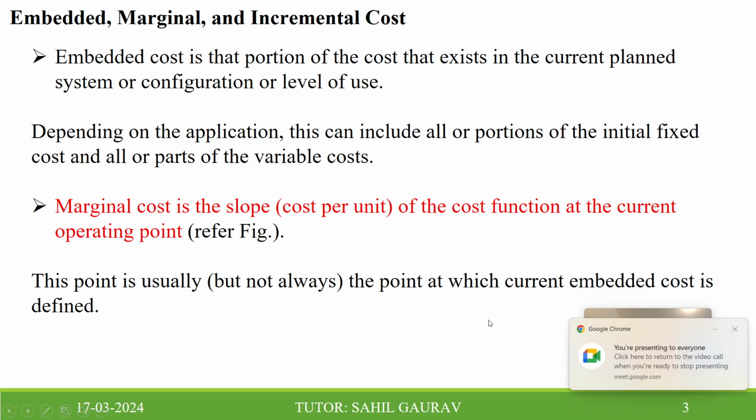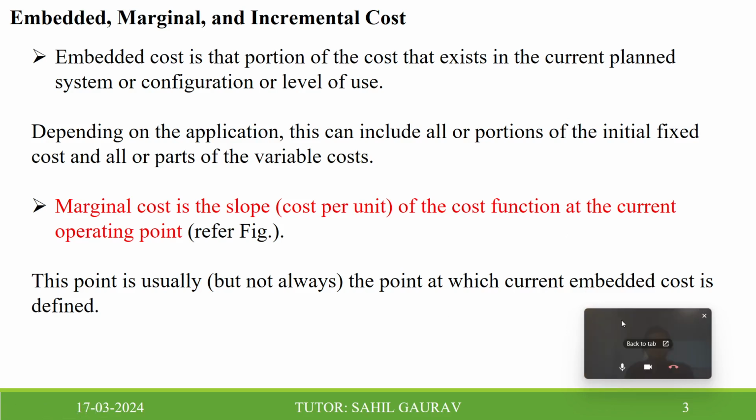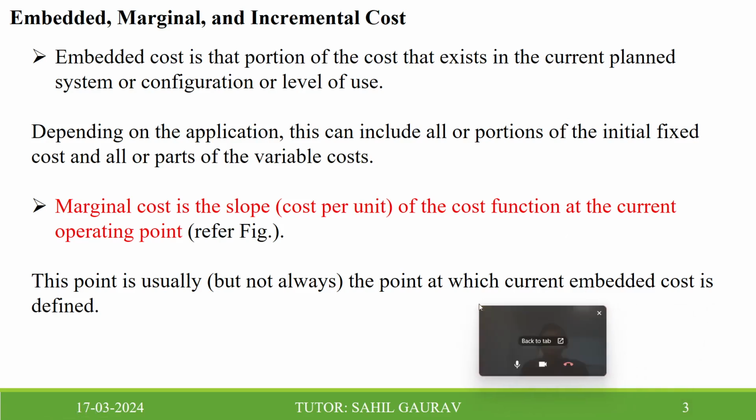So embedded cost is that portion of cost that exists in the current plant system or configuration or level of use. Depending on the application, this can include all or portions of the initial fixed cost and all or parts of the variable costs.